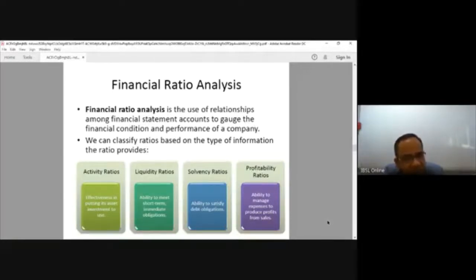Activity ratios show how effectively the company is putting its assets to productive use. That is activity, right?